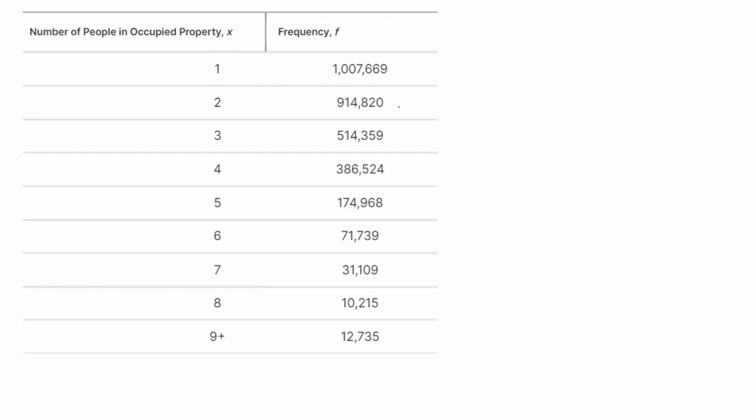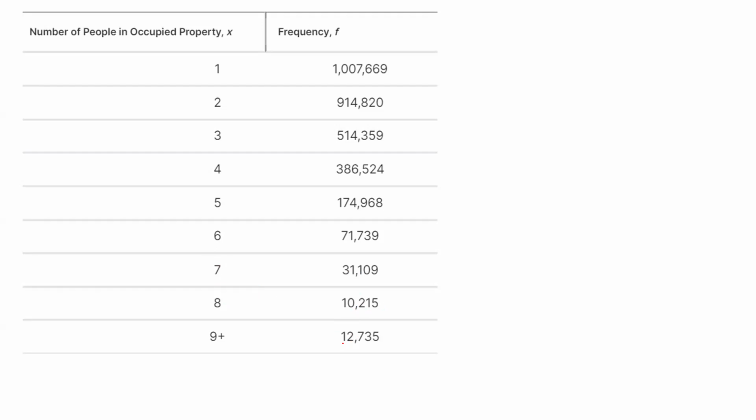1,914,820 properties have two residents in them. 514,359 properties have three residents in them. 386,524 properties have four residents in them. 174,968 properties have five residents in them. 71,739 properties have six people living in them. 31,109 properties have seven people living in them. 10,215 properties have eight people living in them.